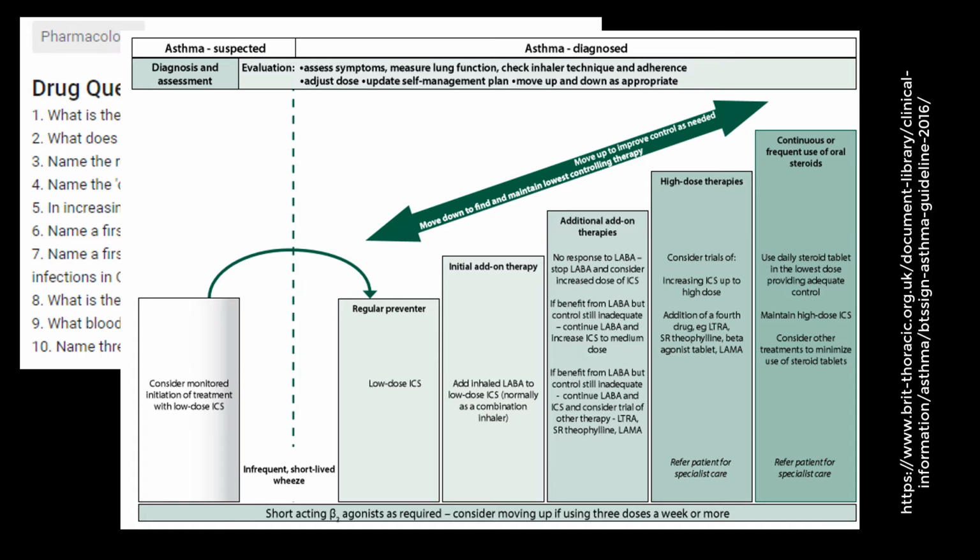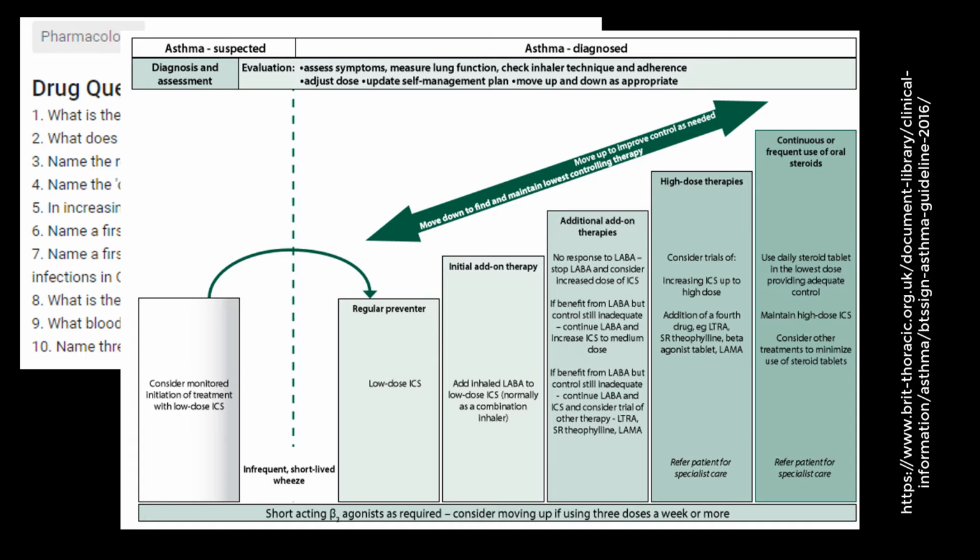It says LTRA, and that's leukotriene receptor antagonists such as montelukast, or slow-release theophylline. The last drug it mentions there is a LAMA, which is a long-acting muscarinic antagonist, and an example of that is tiotropium.